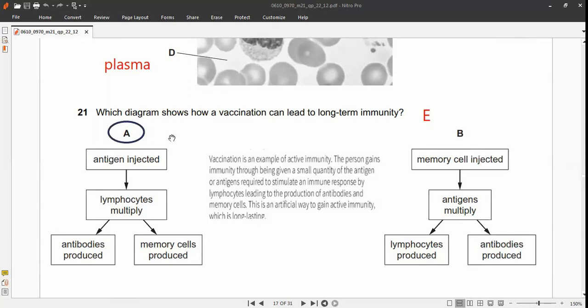The person gains immunity through being given a small quantity of the antigen or antigens required to stimulate an immune response by lymphocytes, leading to the production of antibodies and memory cells. This is an artificial way to gain active immunity, which is long-lasting, long-term immunity. So the correct answer is A: antigen injected, lymphocytes multiply, antibodies produced, and memory cells produced.